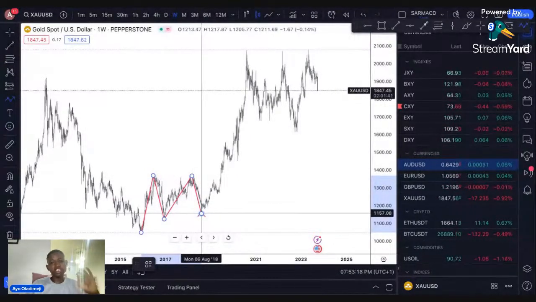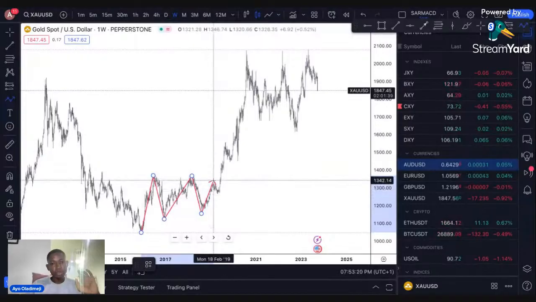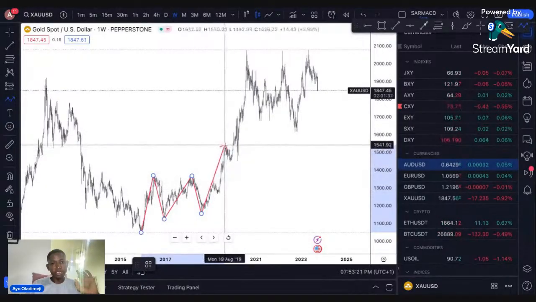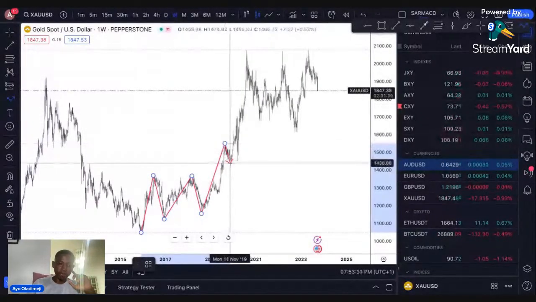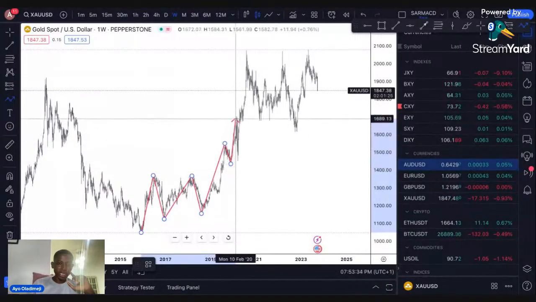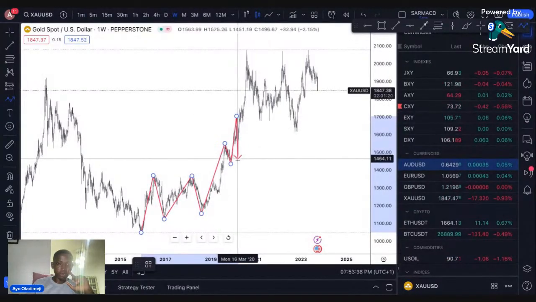But the next move of the market gave us this high that eventually broke the high. So we have a correction to the downside, and then this upward movement, and then this correction, right?